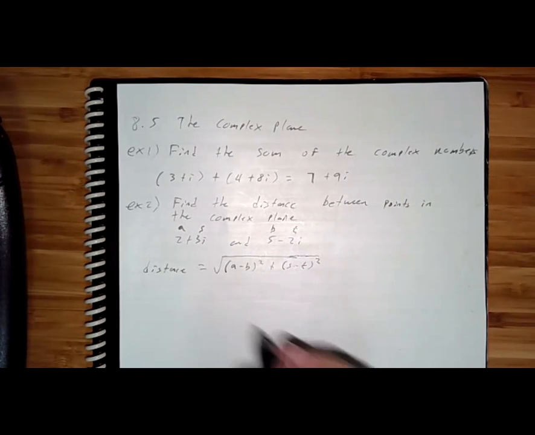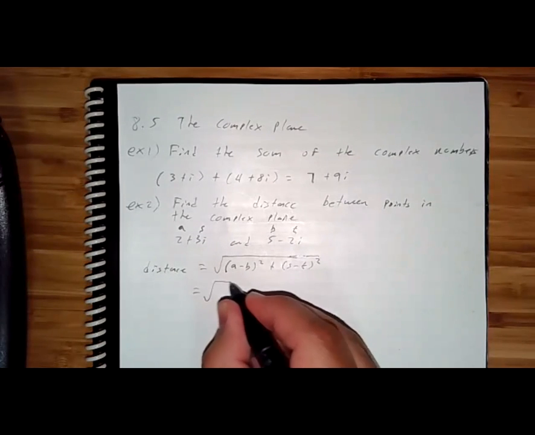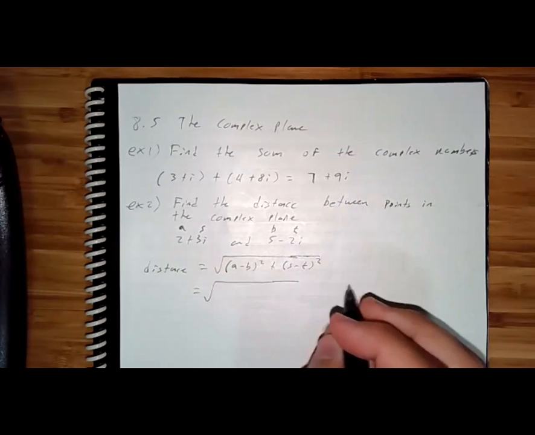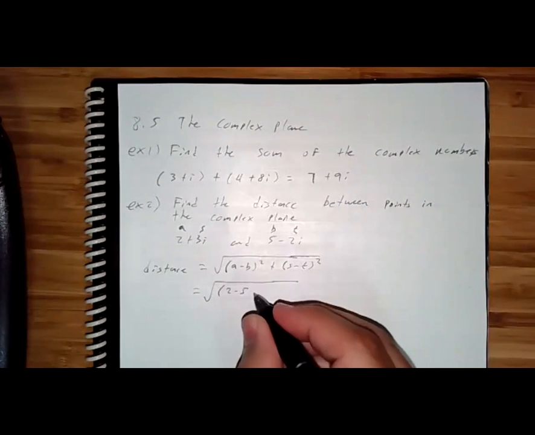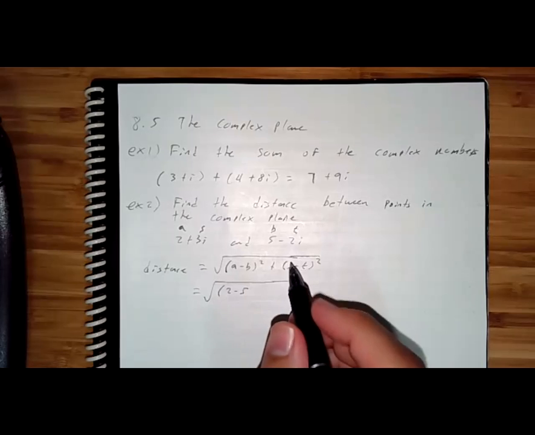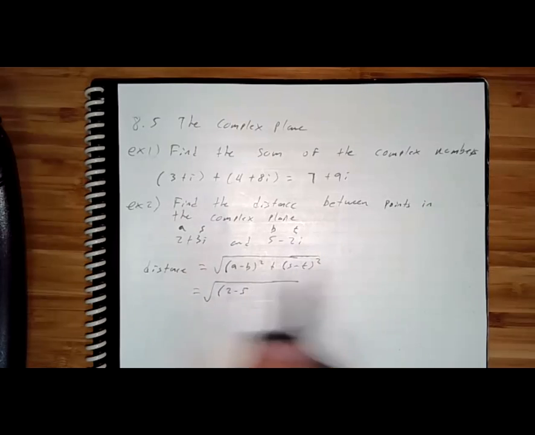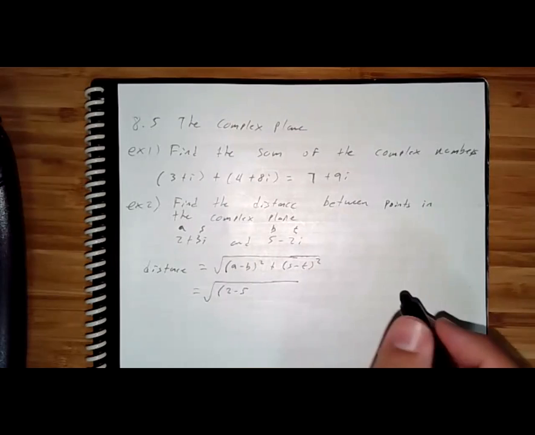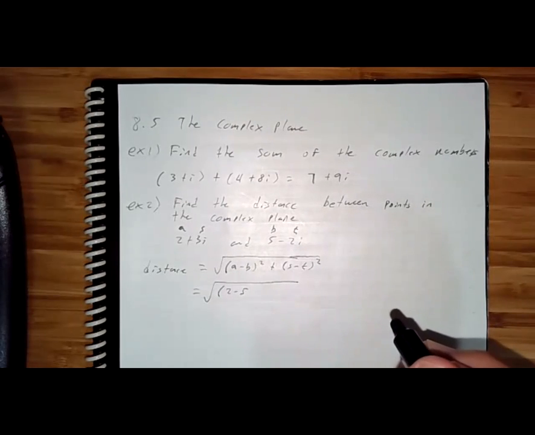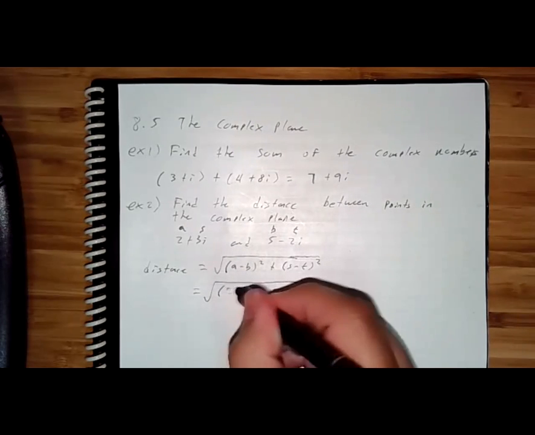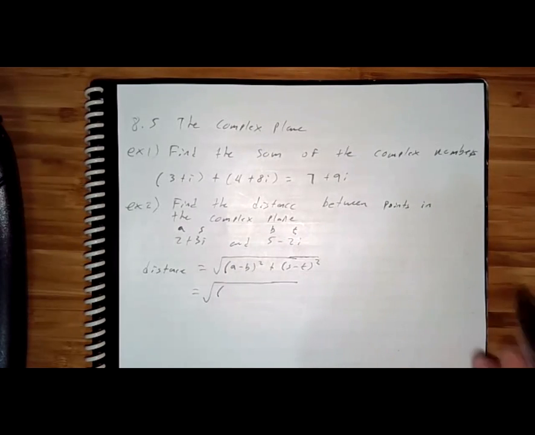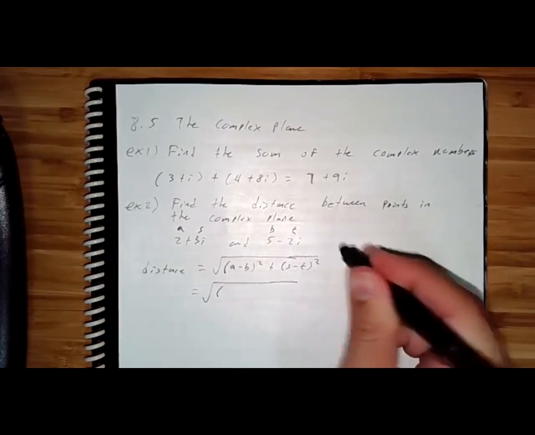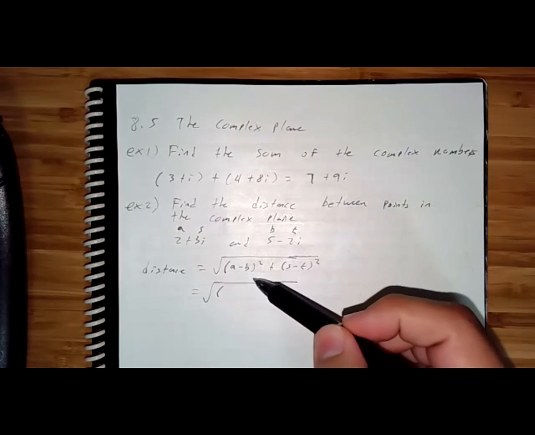Okay, so the distance here would be 2 minus 5. Oh, shoot. It's the other way. B minus A. Double check here. Hold on a second. Trying to make a new formula for you, but I think I messed it up. One sec. Let's see here.